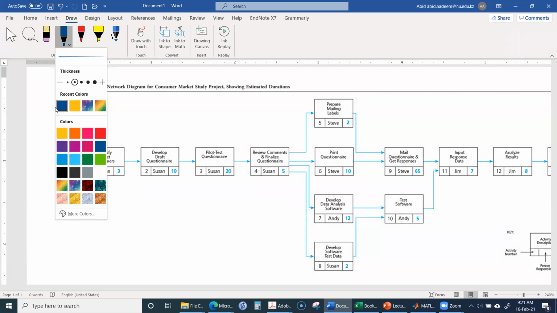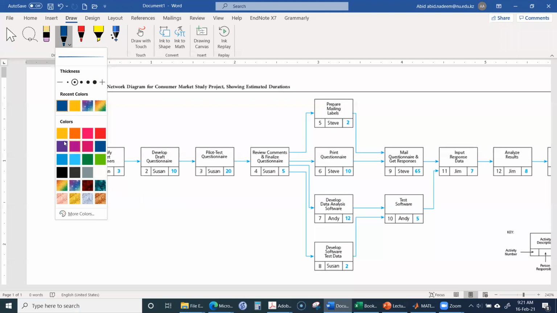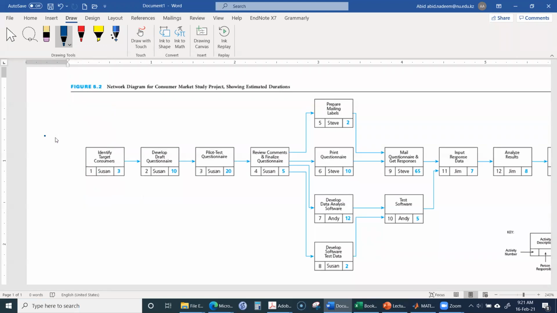We will start this network calculation from the activity identify the target consumer.